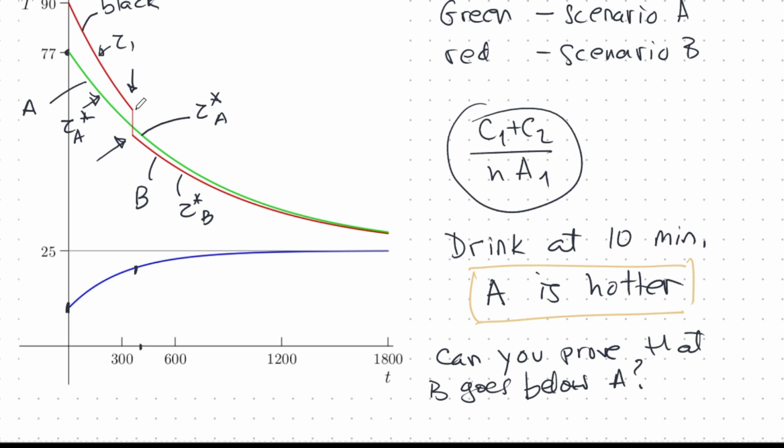You don't have to prove the whole curve, just this point. You have to prove that the mixing temperature of scenario B is less than the temperature of scenario A at 360 seconds. If this is true, then scenario B will never catch up. It'll always be below scenario A.